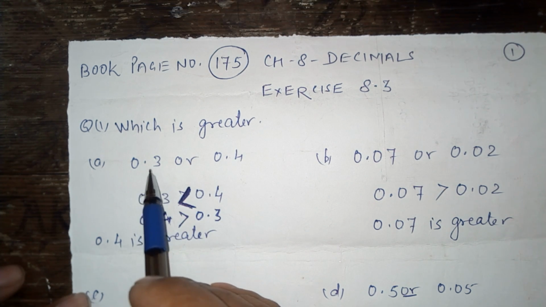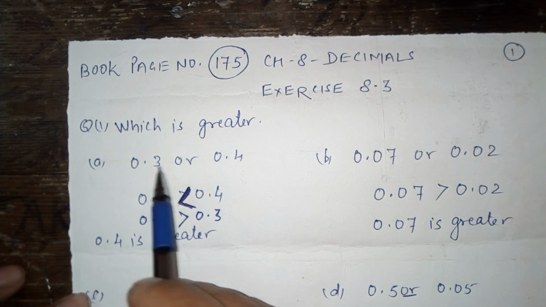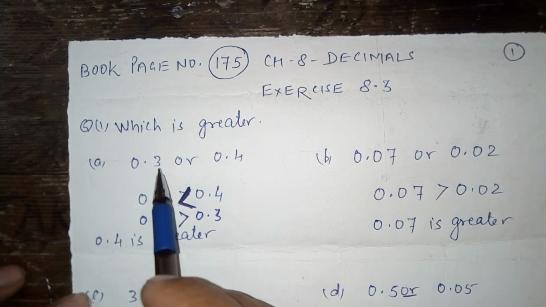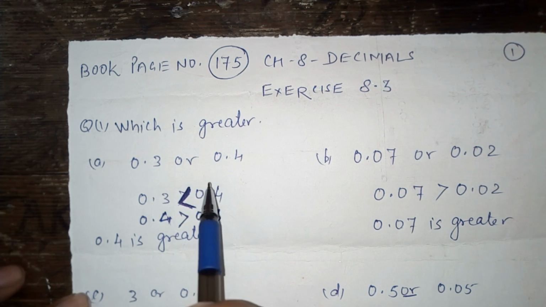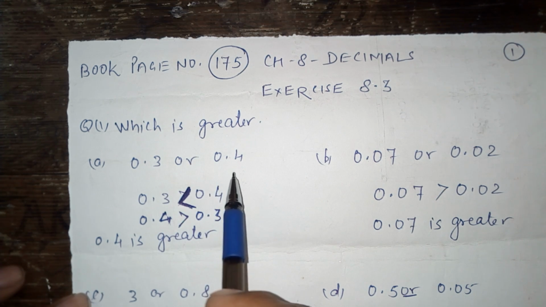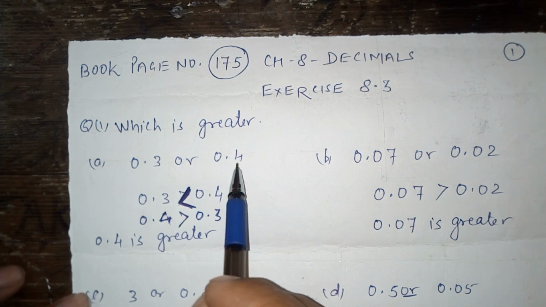Again we will compare after the decimal point. After the decimal point this is 3 and after the decimal point this is 4. So in 3 and 4 which is greater? Obviously 4 is greater.